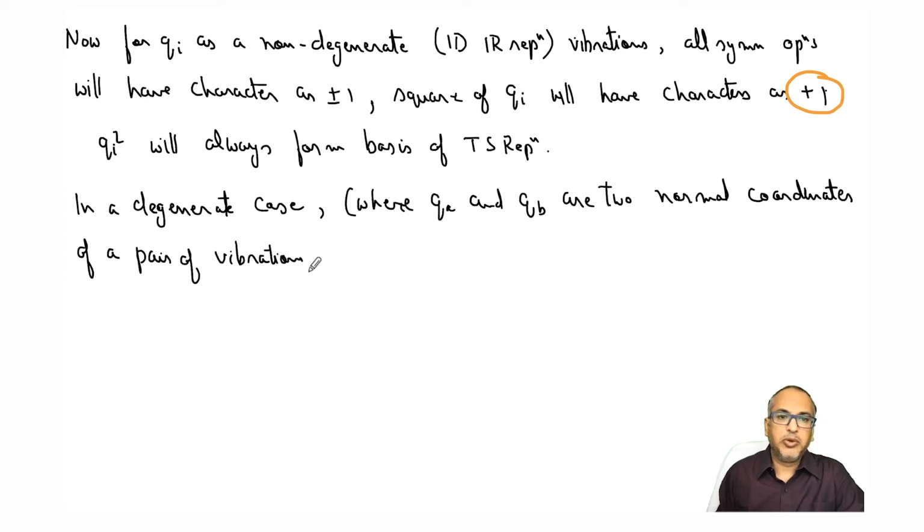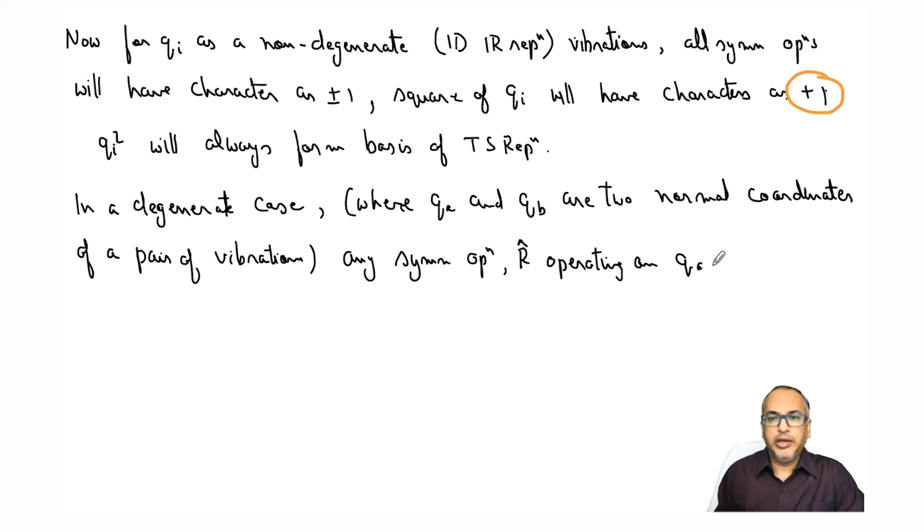Now degenerate vibrational mode, that means two vibrations will have the same frequency. Now those pair of vibrations will have two normal coordinates QA and QB, right? Now any symmetry operation, let's say R, operating on QA will have the following result.